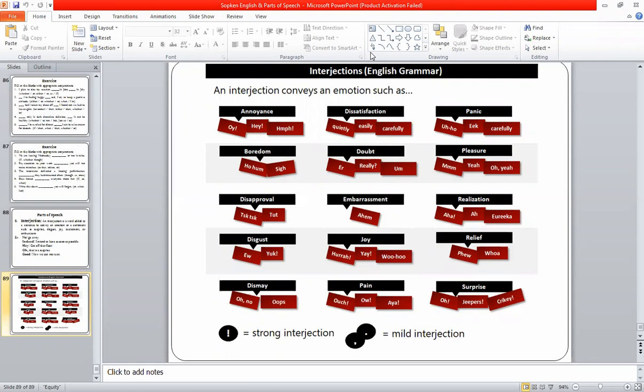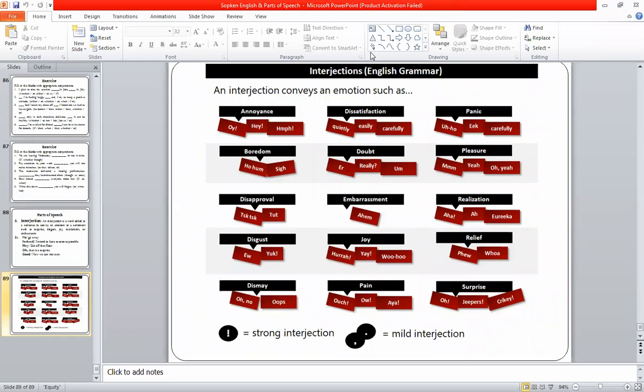Then when we are in a relief mode, we use words like phew, huh.